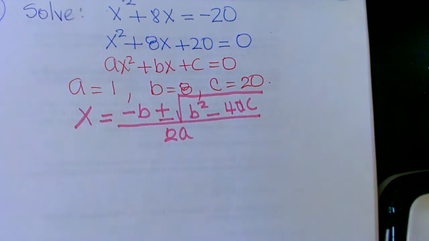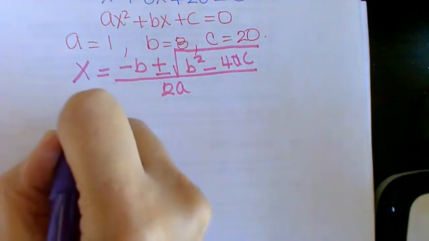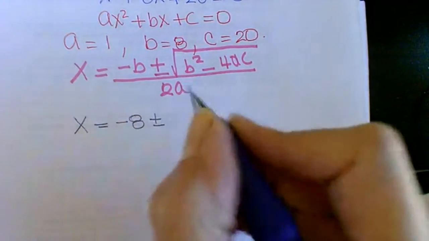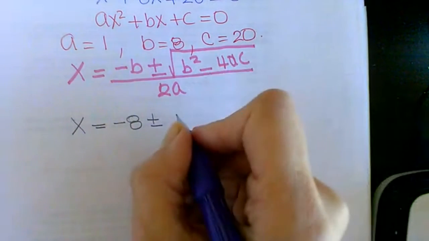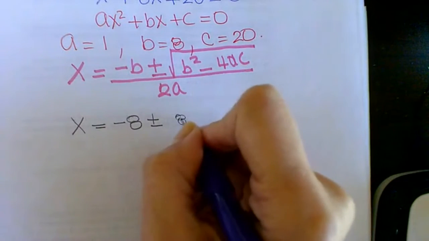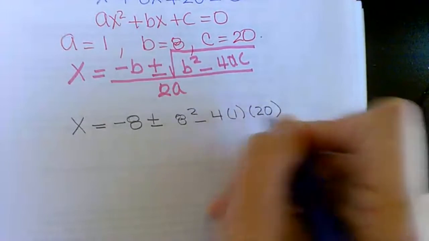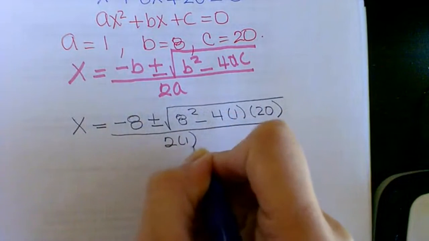Yes, perfect. Yes, we do have to use the i. So let's do it. Let me write it down. We have x is equal to negative 8 plus or minus. Yes, good job, guys. So b squared is going to be 8 squared minus 4 times a, which is 1, times c, which is 20, over 2a.